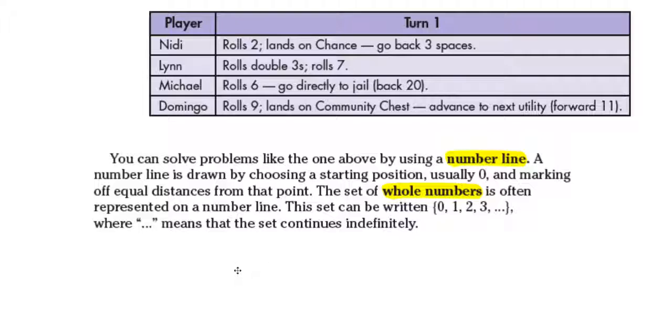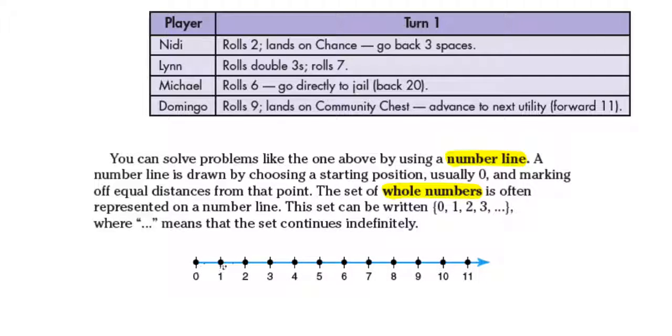Now remember that there's a difference between the set of whole numbers and the set of natural numbers. In the set of natural numbers, you do not include 0. But that's going to be on a later slide. Right now, this is what we have. You have your number line.